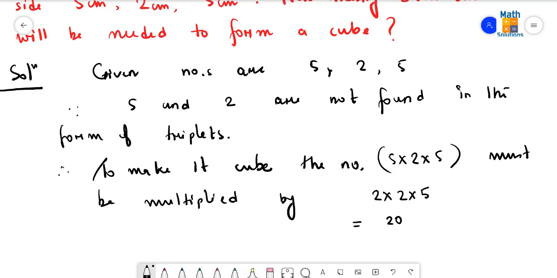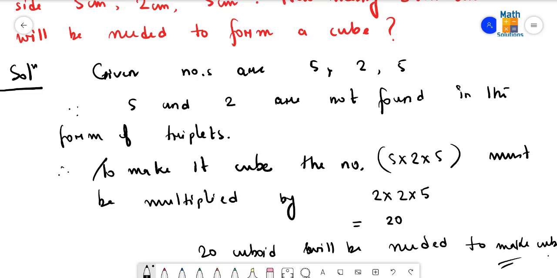So 20 cuboids will be needed to make it cube. So that is how it can be solved. So with this, the exercise gets over. Thank you.